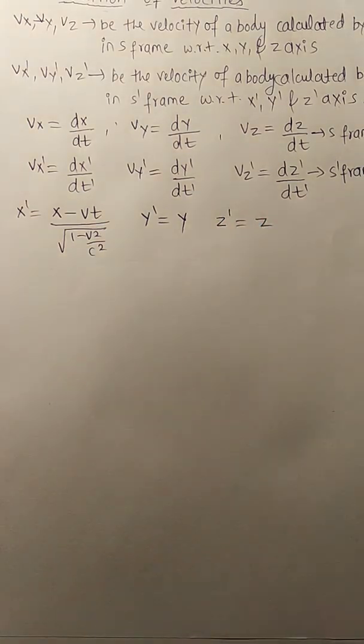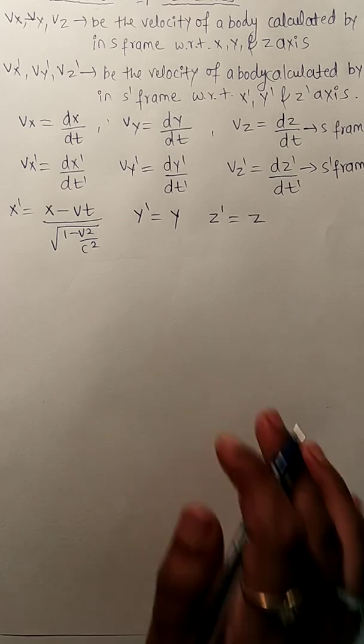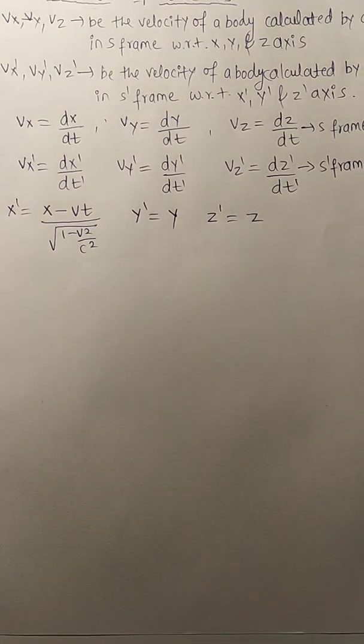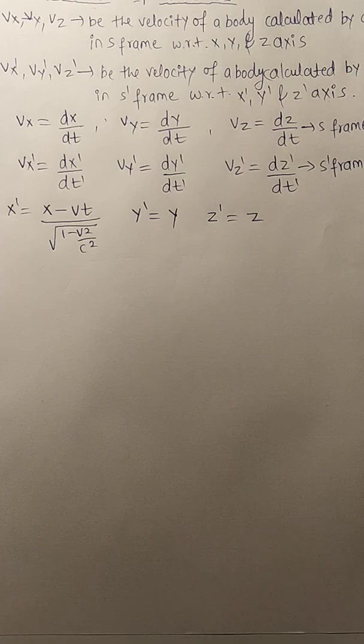Z dash is equal to z, because there is no change along the y and z axes. The body is moving only along the x axis. And the last one is t dash, because time will be changing. Whenever a body is moving, if he calculates how much time it has taken to change the position with respect to the S dash frame, the observer in the S frame will not get the same time as the second person calculated.